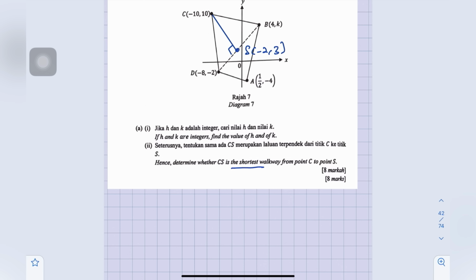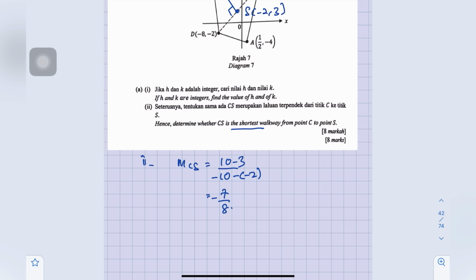Now we try to find the gradient of CS: 10 minus 3 over negative 10 minus negative 2, which equals 7 over negative 8, negative 7 over 8.